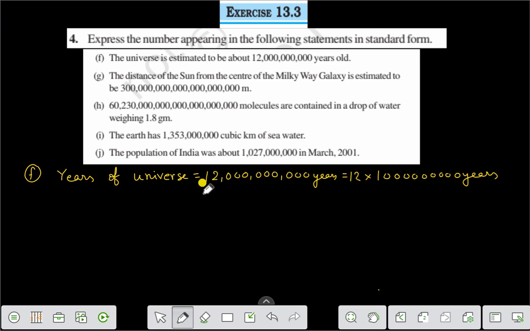Or it can be written as 1.2 into 10 into 1, 2, 3, 4, 5, 6, 7, 8, 9 years. Here you see, if we multiply 1 with 10, we'll get 12, right? Therefore, it can be written as 1.2 into 10 to the power 10 years. This is the standard form, that is years of universe, right?